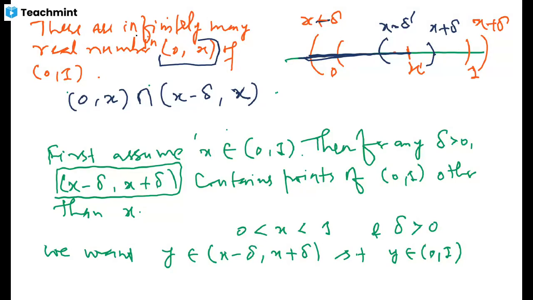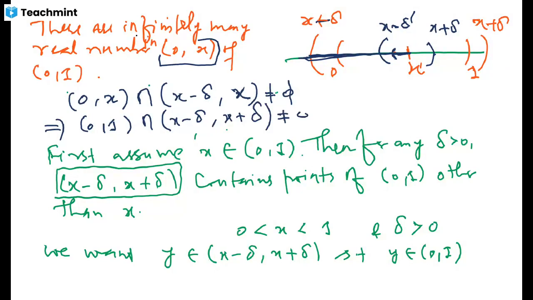They might have different left endpoints, but they have the same right endpoint, so they start from the same place. So some part of this segment is common to both of them, and when it is common to both of them, their intersection is going to be non-empty. And then, clearly, this 0, x interval is contained in 0, 1, and this other interval x minus delta to x is contained in the delta neighborhood of x, and they will have a non-empty intersection.